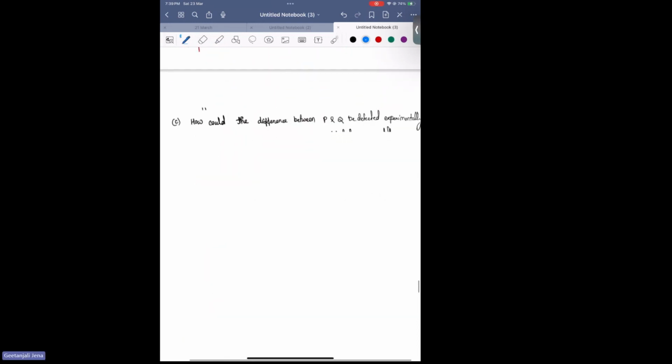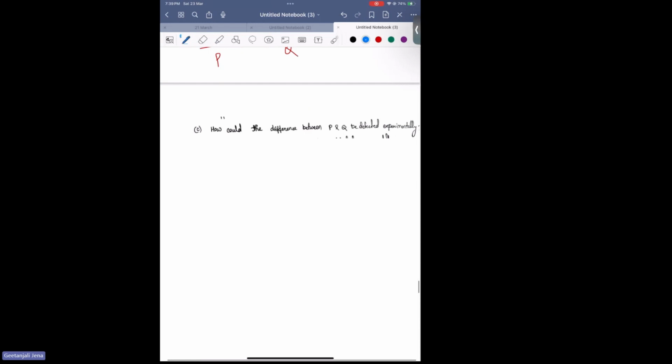Now it is asking whether experimentally you can differentiate between these beams or not. So if you are doing the experiment, how can you differentiate between these two beams? For that, we have to look at the spin orientation of these atoms.